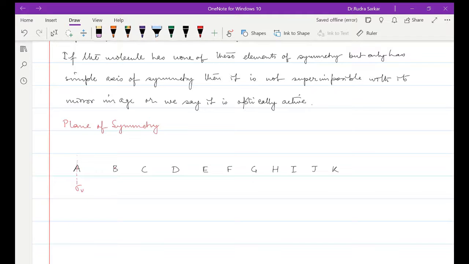Similarly, for the letter B, this is called sigma H. Again for C, sigma H, for D, sigma H, for E, sigma H, none for F, none for G. For the letter H, we have a sigma H and also a sigma V. Similarly for I, sigma H and sigma V, but none for J, none for K. Also there is a sigma H over here. Alright.